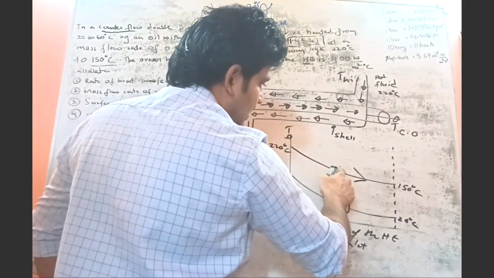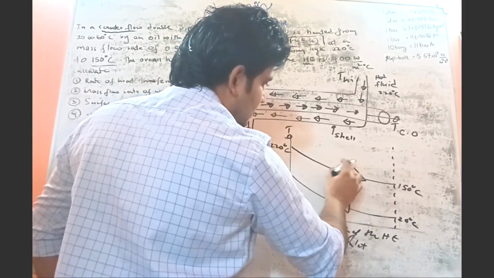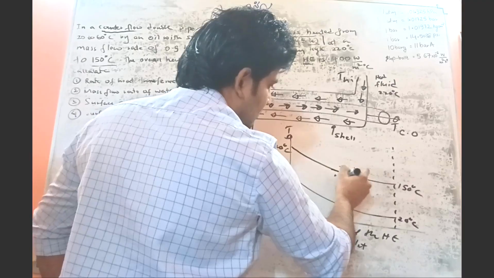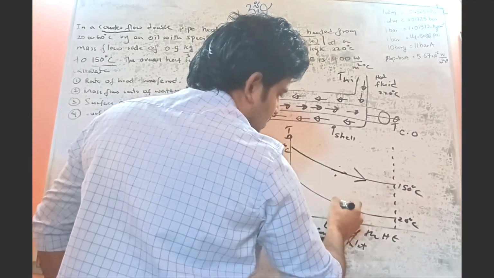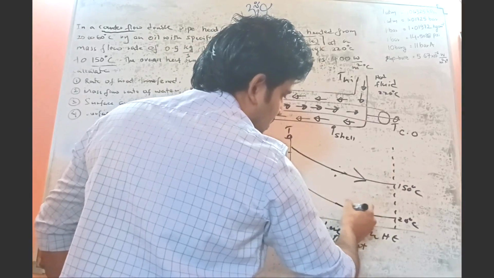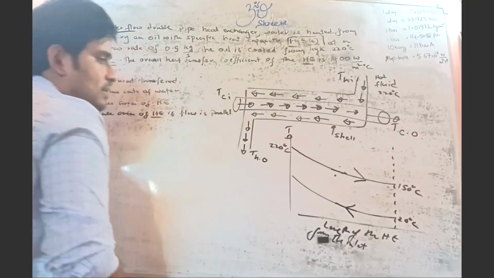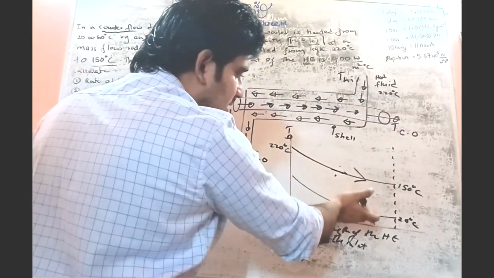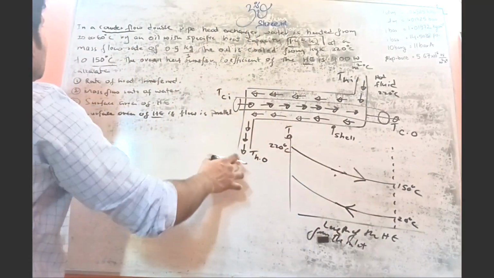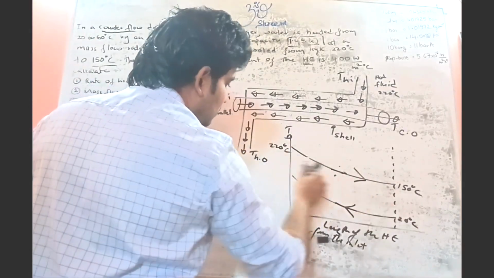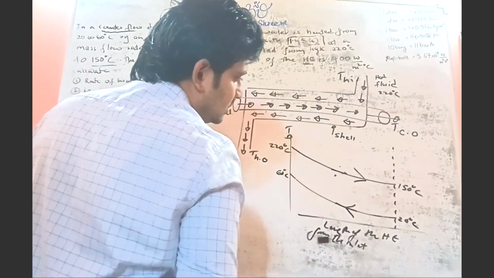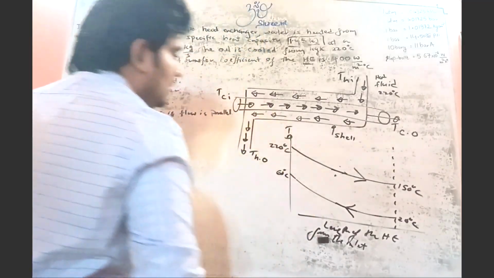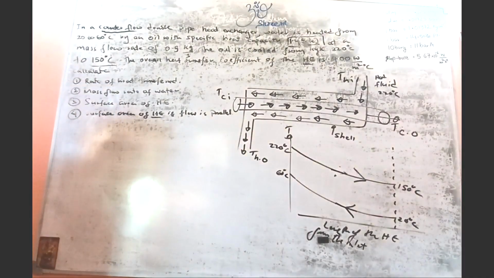I'll erase this part, and this is for the cold fluid. You can observe the directions are actually opposite: 20 degrees Celsius to 60 degrees Celsius. So now that is clear.